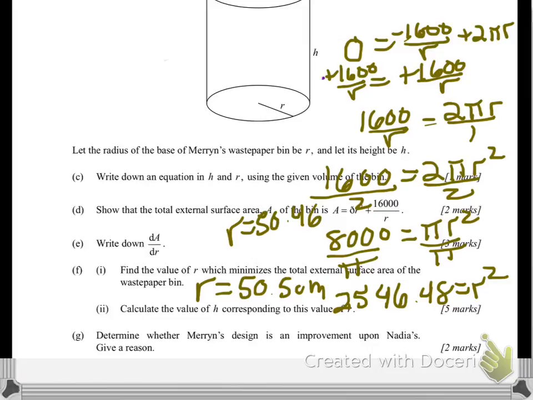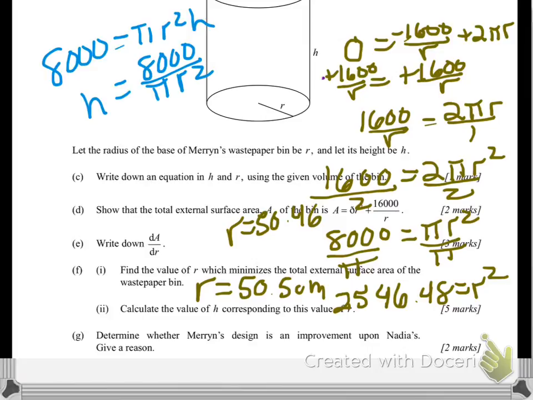So I had to write down what the volume was. And so I have H is equal to 8,000 divided by pi r squared. So H is equal to 8,000 and then divided by pi. And I know what r squared is, right?